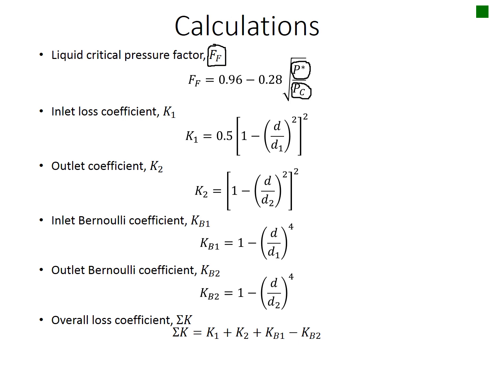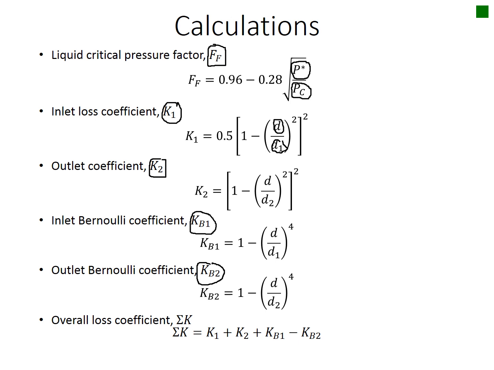Knowing the valve diameter and the pipe diameter, we can calculate the inlet loss coefficient K1 using this equation here. We can also calculate the outlet coefficient K2. And we calculate a Bernoulli equation coefficient KB1 and KB2 also.